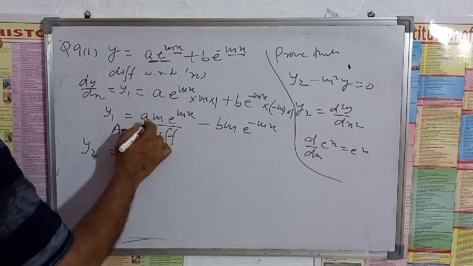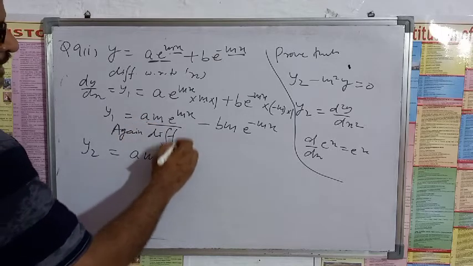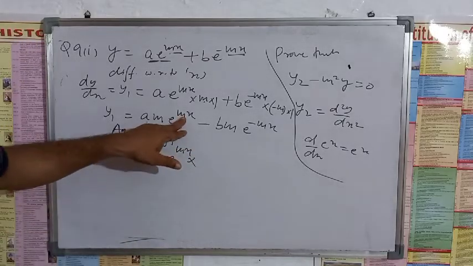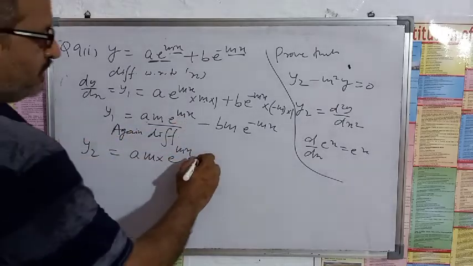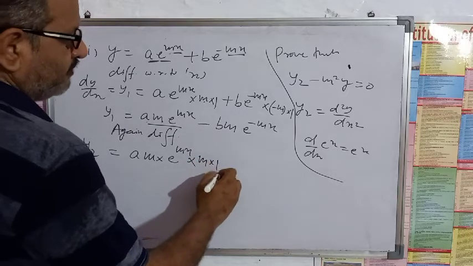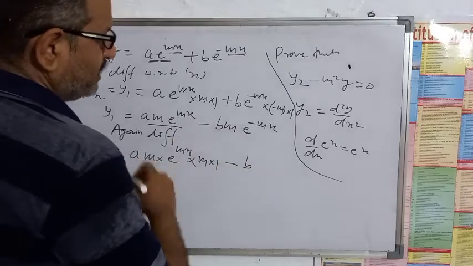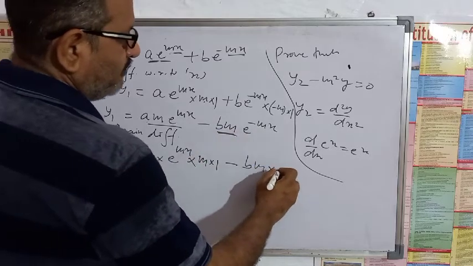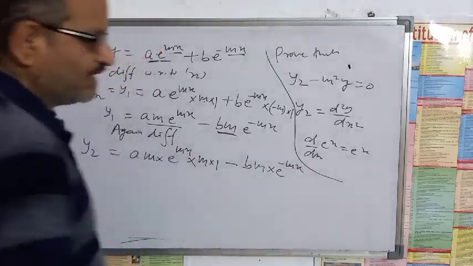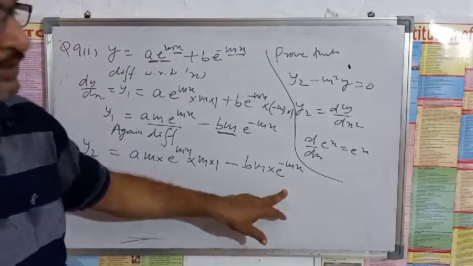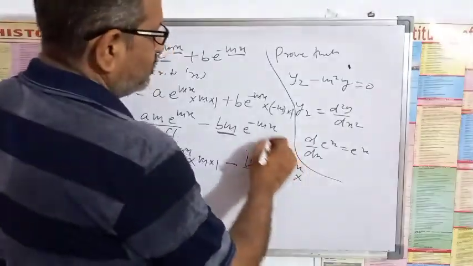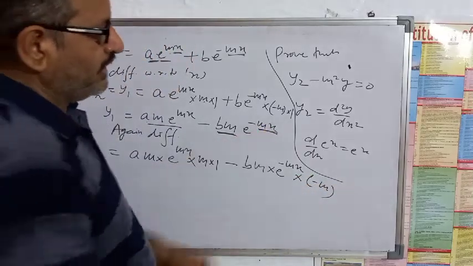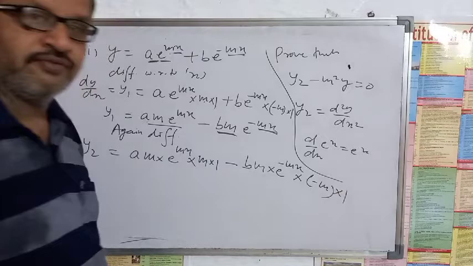Am is constant. E to the power mx derivative is e to the power mx. Then differentiate mx. So m is constant, derivative of x is 1. Minus bm is constant. Derivative of e to the power minus mx is e to the power minus mx into the derivative of minus mx, so minus m is constant and derivative of x is 1.